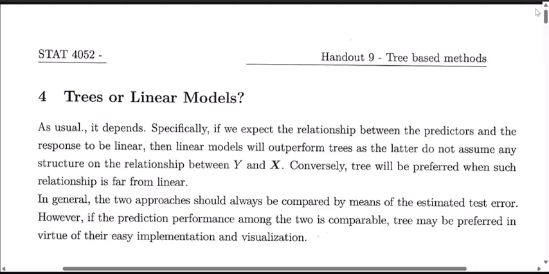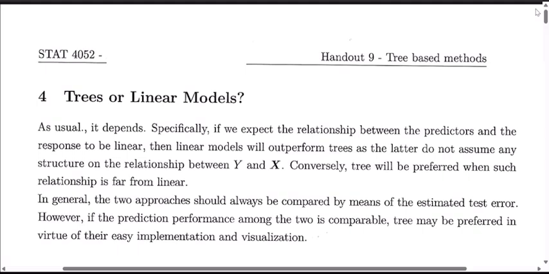We have what we call regression trees. We have regression tree for prediction and for classification. Prediction is when the response variable is continuous. Classification is when the response variable is categorical.